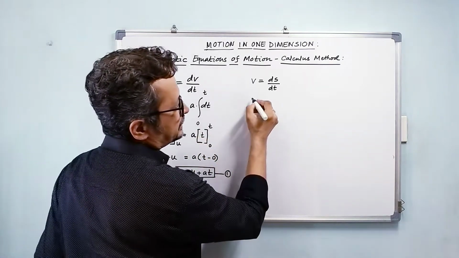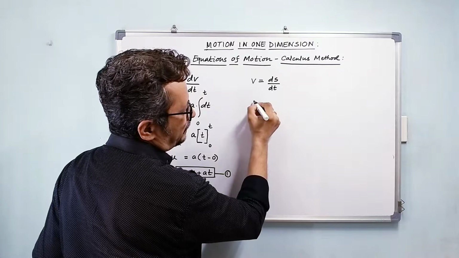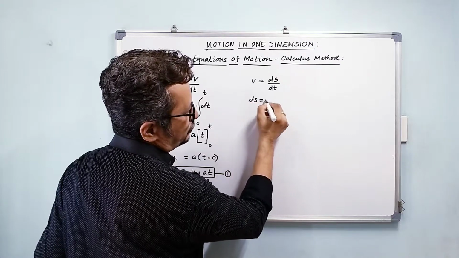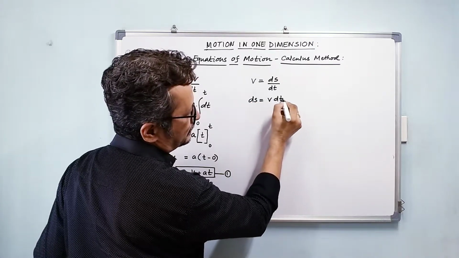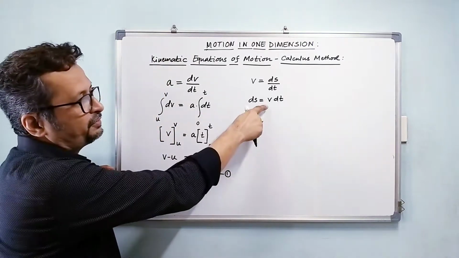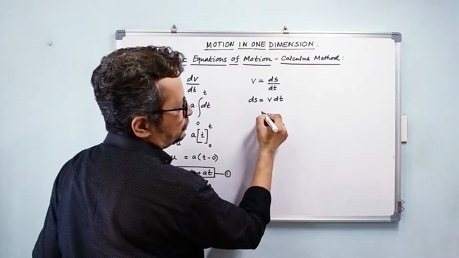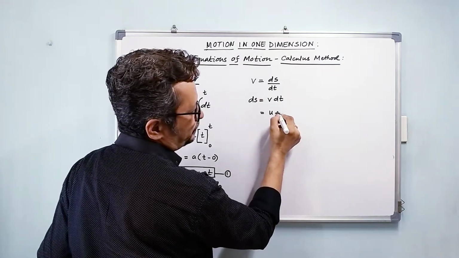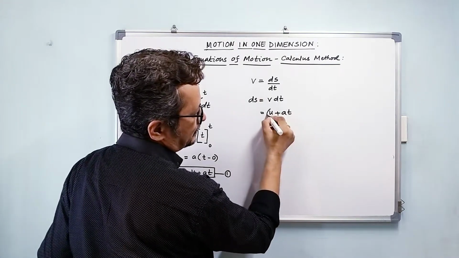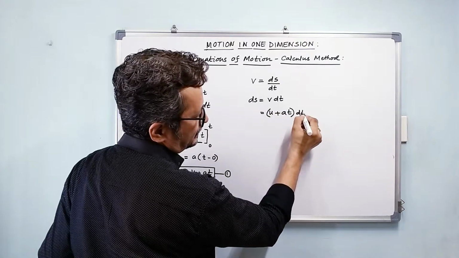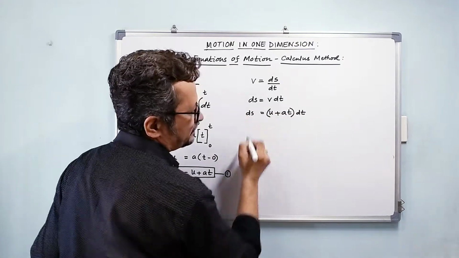So obviously ds is equal to v dt. But what is my v? Is it not u plus at? So I'll put that over here: ds is equal to u plus at, dt.